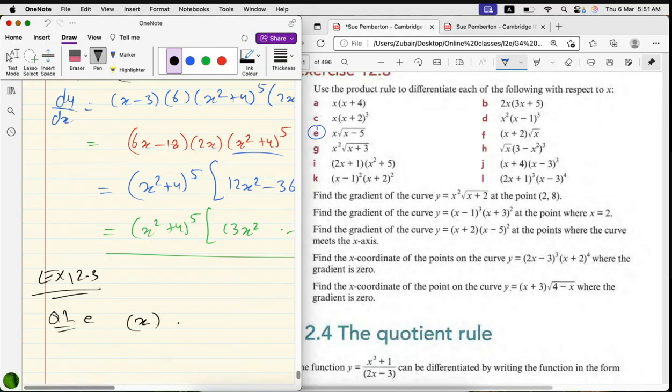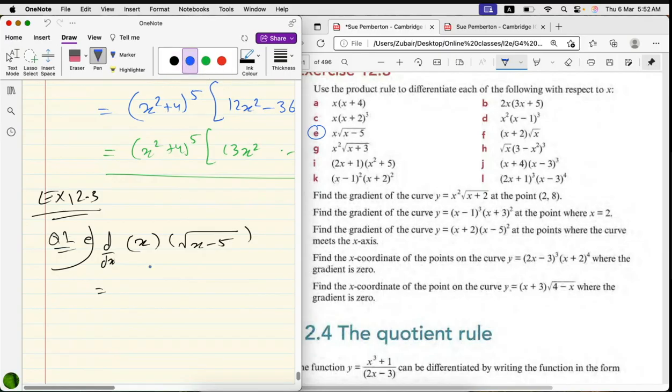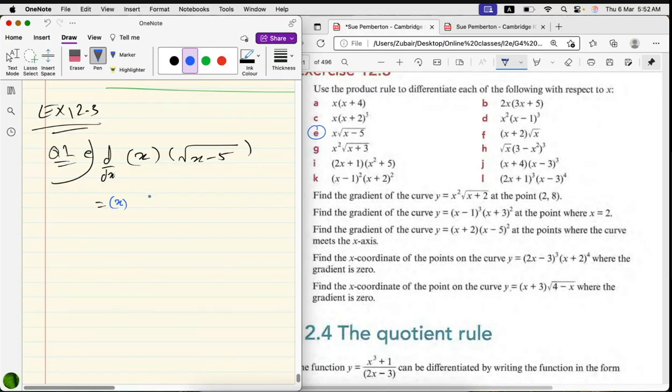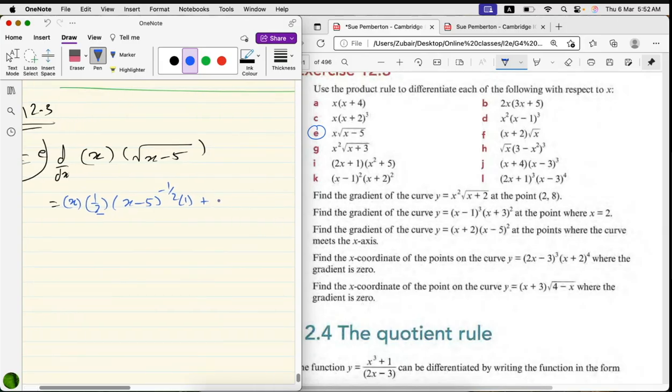This is x into square root of (x minus 5). d over dx equals first function into differentiation of second function plus second function into differentiation of first.